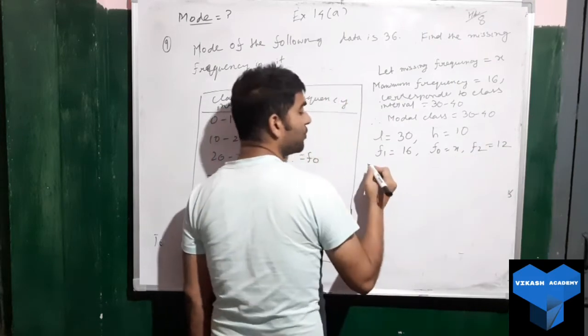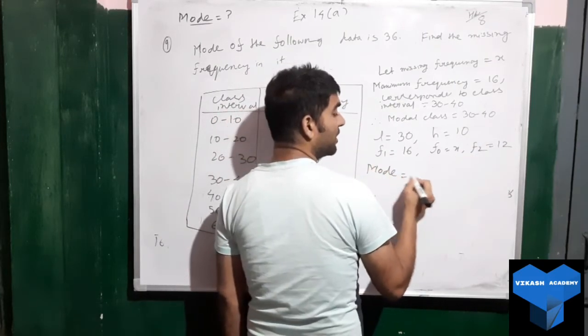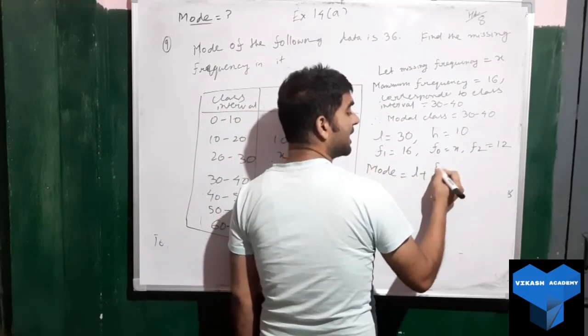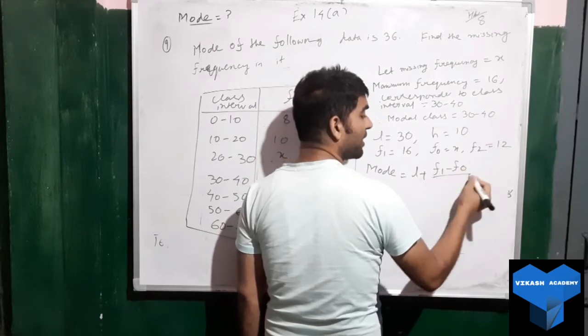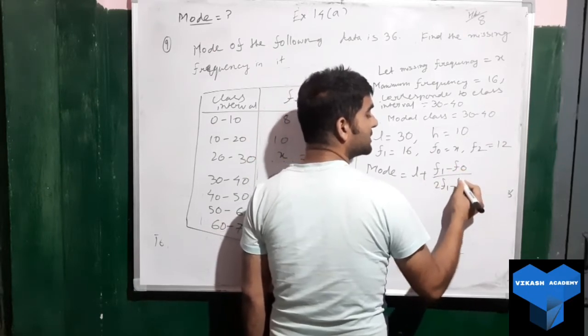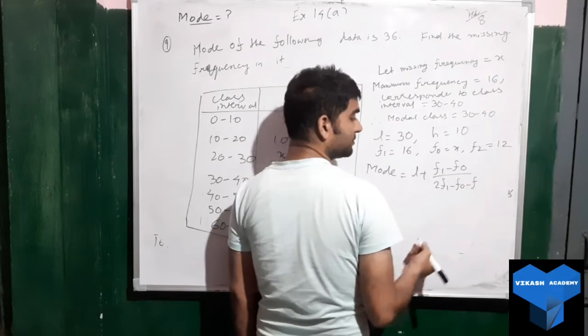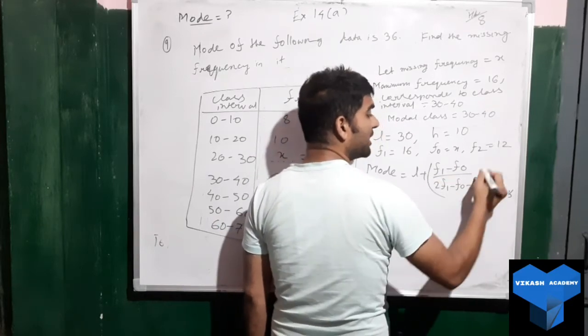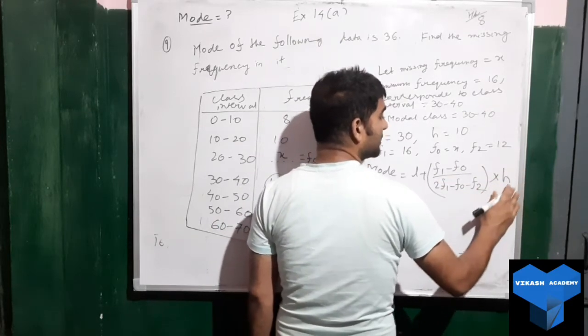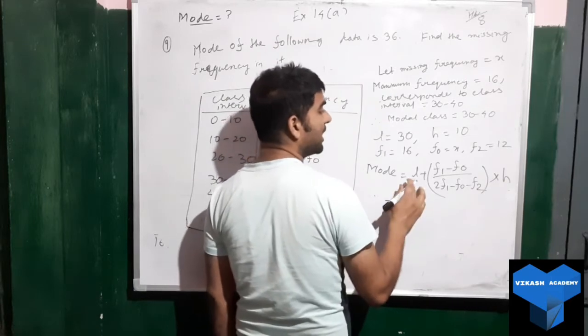Use the formula: mode is equal to L plus (F1 minus F0) divided by (2 times F1 minus F0 minus F2), into H. Next, put the value of L, 30.